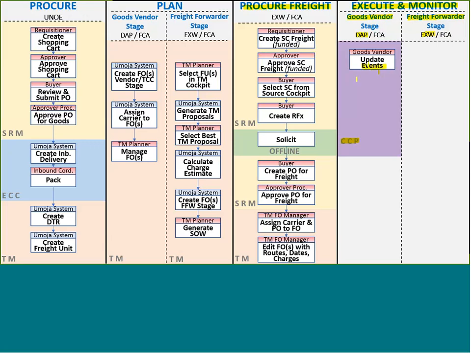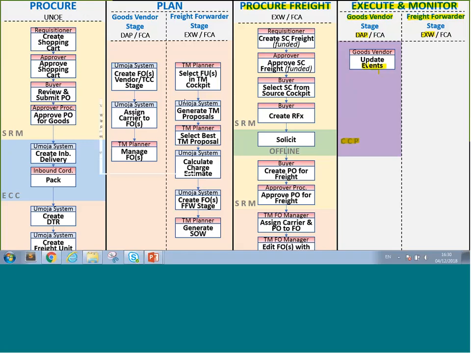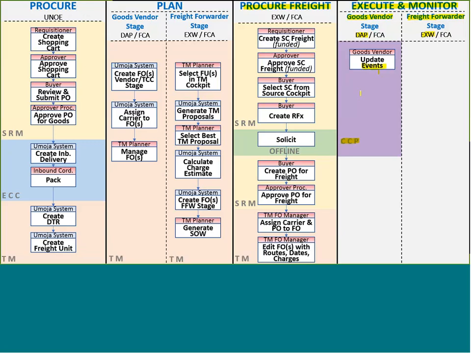These freight orders, remember, were the ones that were automatically created by the system in the planning. And they can also use the carrier collaboration portal to upload or submit the related attachments, like the proof of delivery or other related attachments.